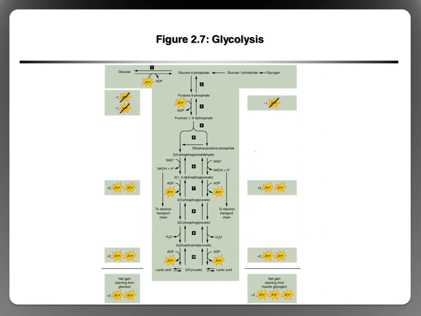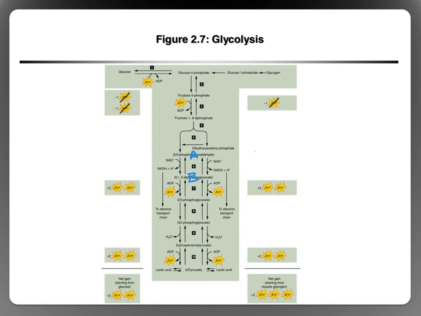let's look a little more carefully at this. I told you don't need to know the names of the substrates, and you don't. But in this example, let's just say this is substrate A, 3-phosphoglyceraldehyde, and this is substrate B, 1,3-diphosphoglycerate.